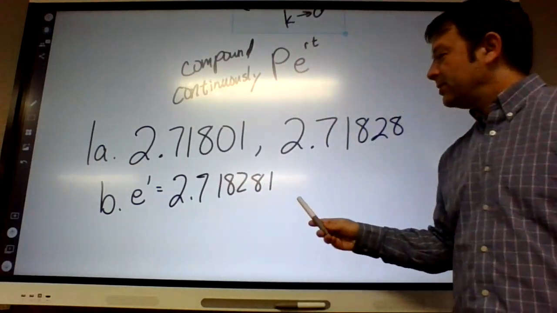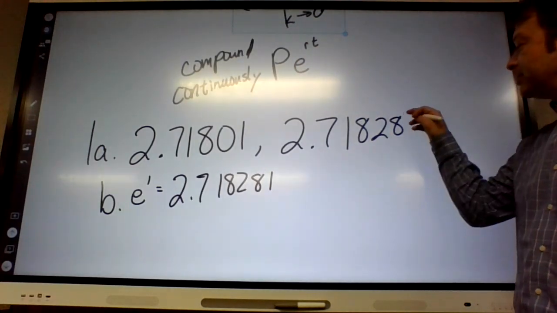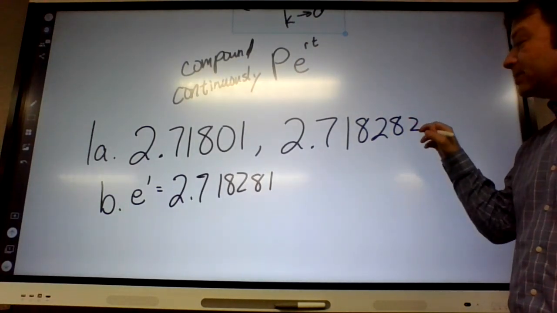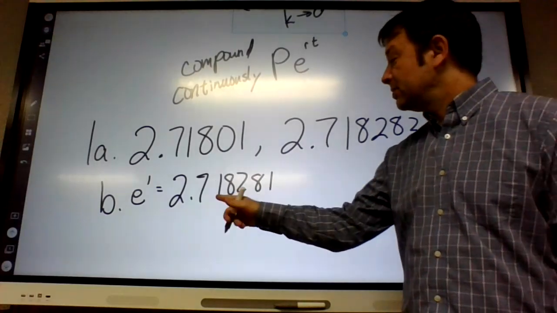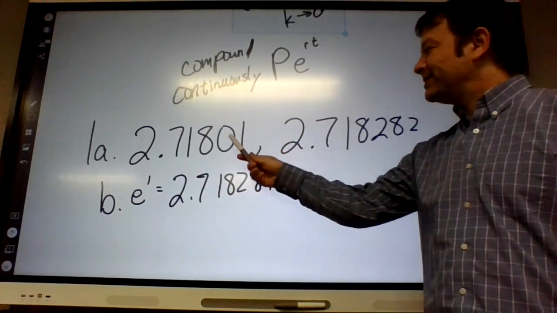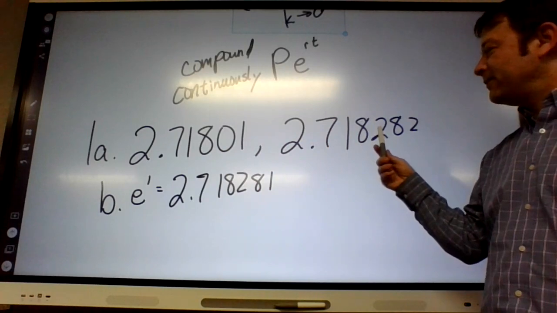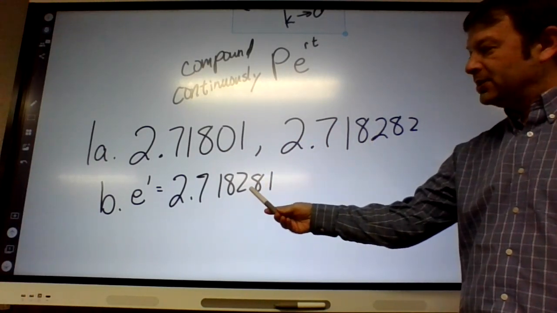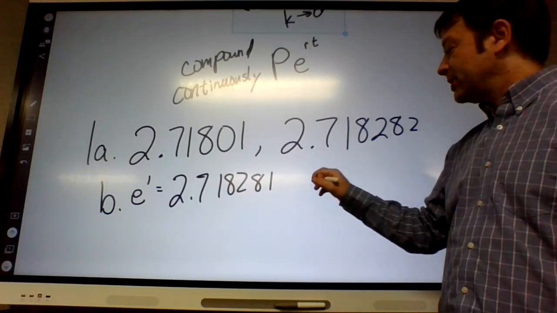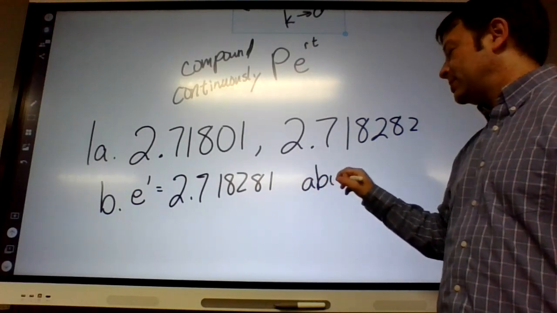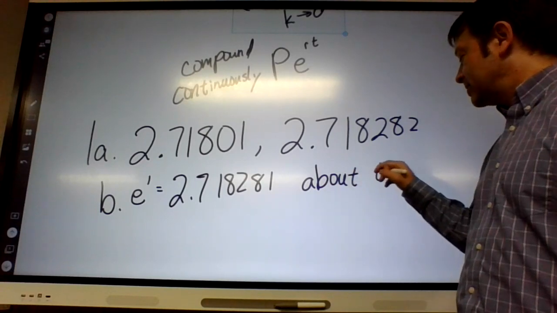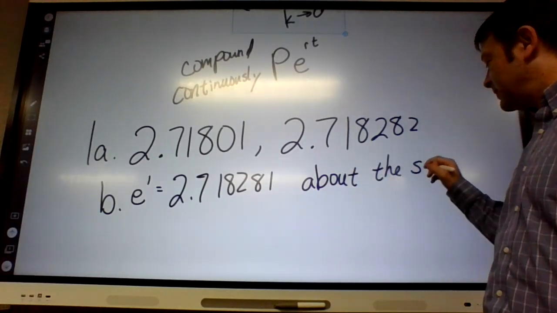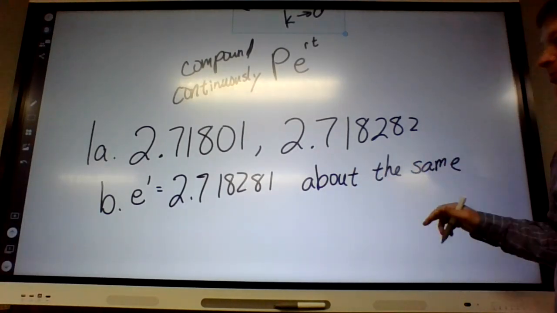Okay, so it's extremely close to this one. So as n approaches infinity, as it's getting bigger and bigger, it is getting closer and closer to e. What they wanted us to notice is that it's about the same. What can you say about the value of e compared to A? They're about equal.